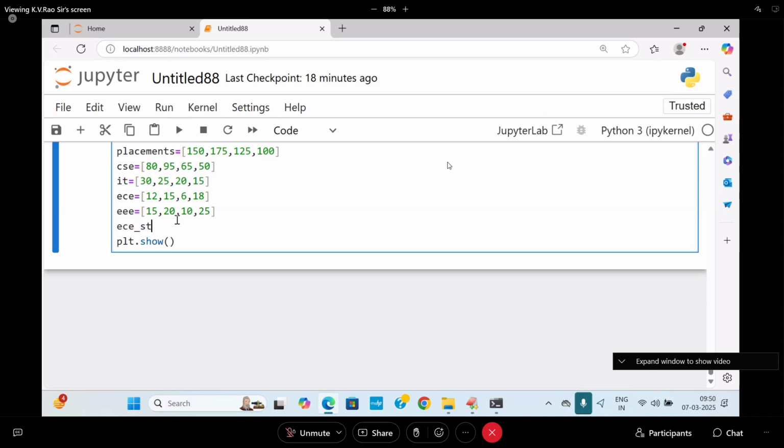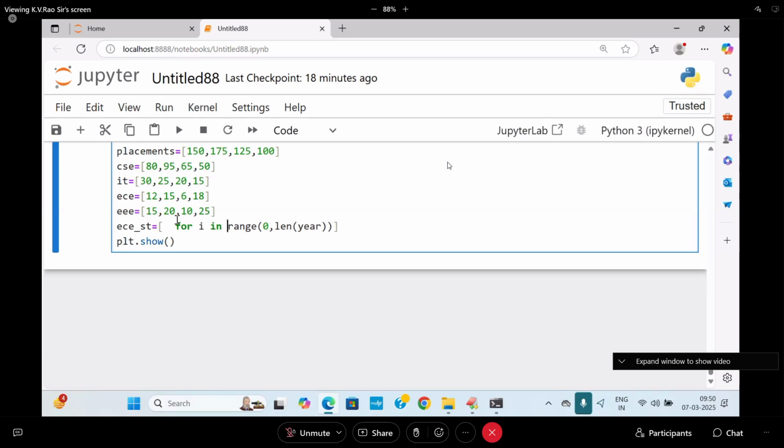ECE underscore start is equal to a for loop. I will write out the for loop: for i in range of len of year. len of year you are going to get. Range of, you can even start from 0, no problem. By default, it is nothing but 4, which means what?